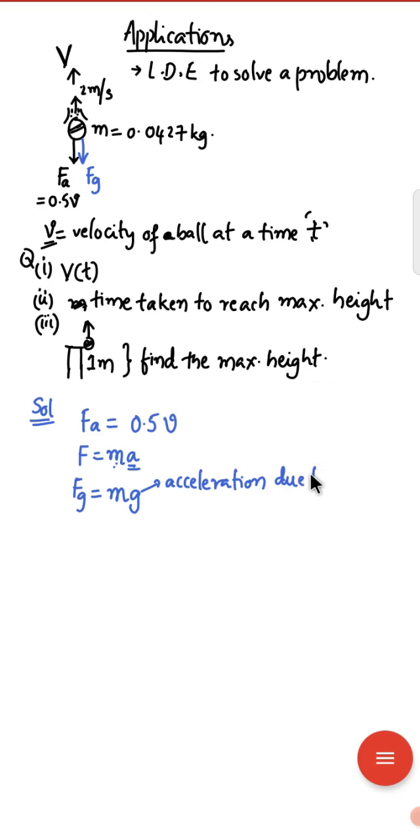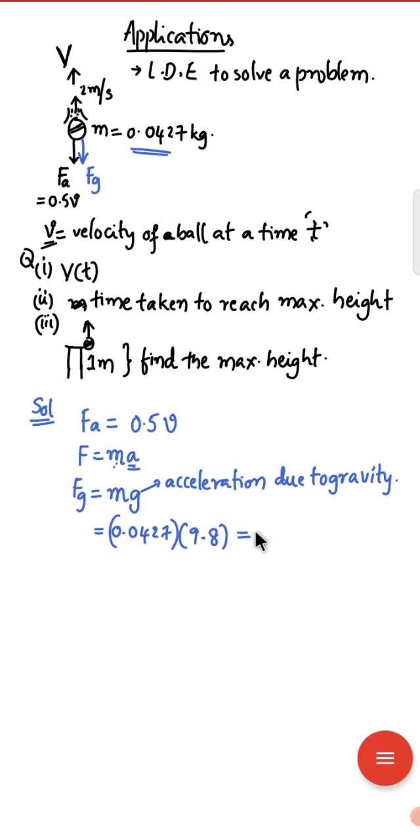Acceleration due to gravity. Alright, now we take g as 9.8. We know the mass of the ball, that is 0.0427 kg, into the acceleration due to gravity, 9.8.